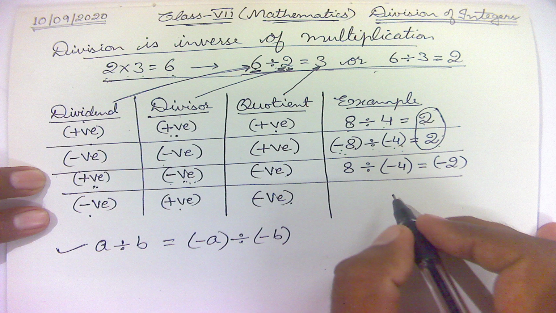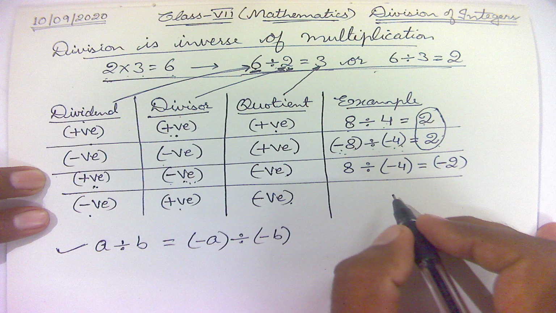If minus 8 is divided by 4, then also you get minus 2 as the quotient. So what do we conclude from this? We conclude that minus A divided by B is the same as A divided by minus B. You will get the same quotient.